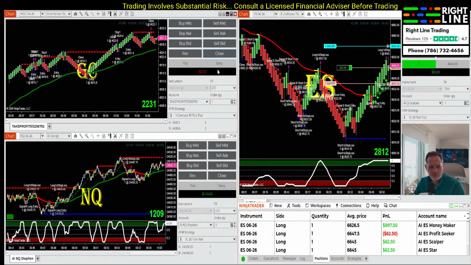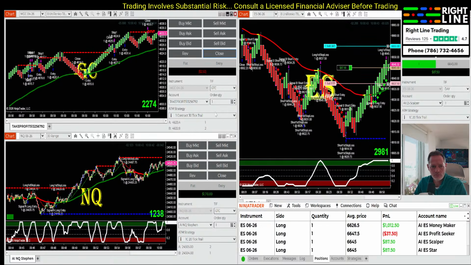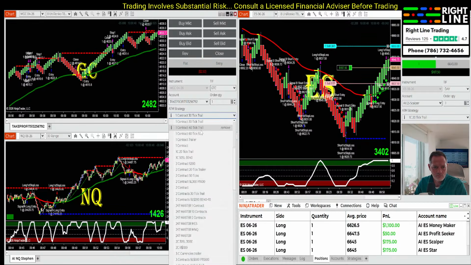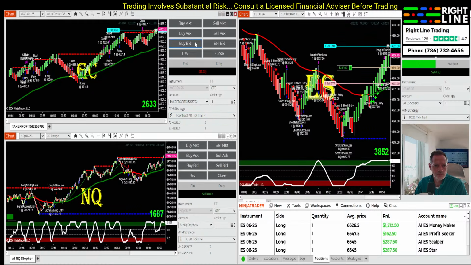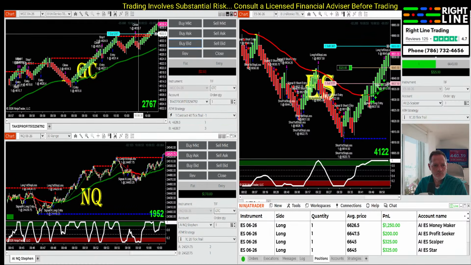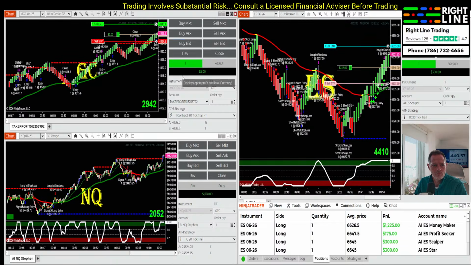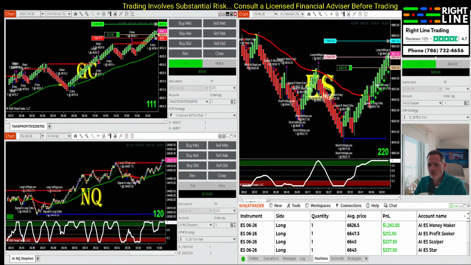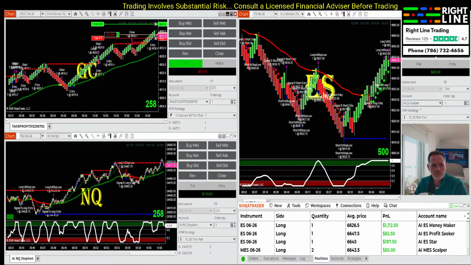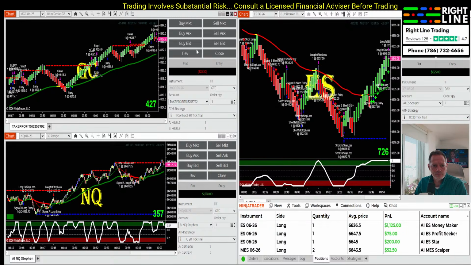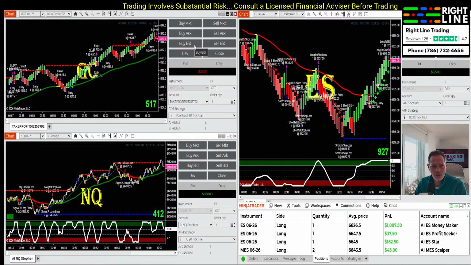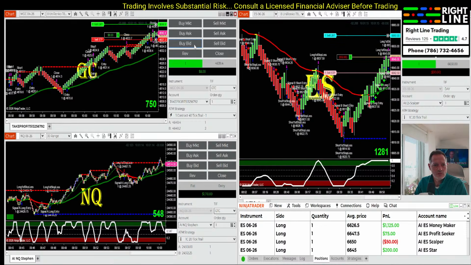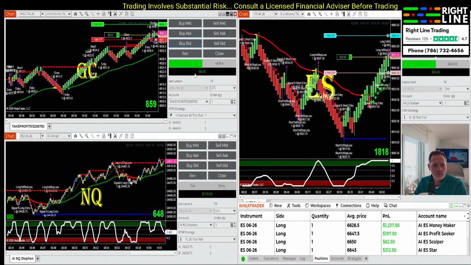Still short. Scalper's eating it up over here. There it goes. Scalper. Markets are happy now.